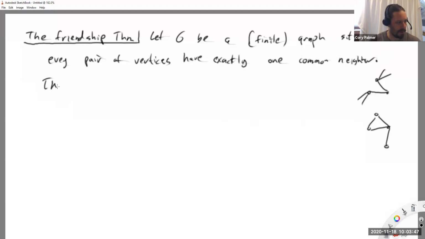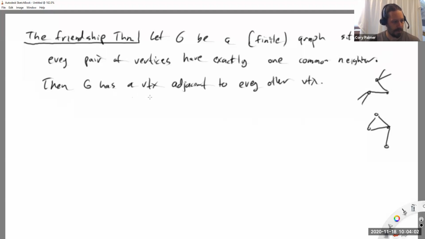Then G has a vertex adjacent to every other vertex. Sometimes we call such a vertex a universal vertex.